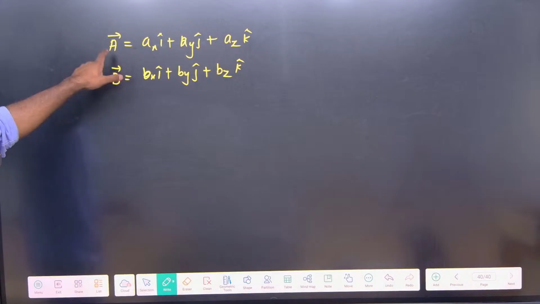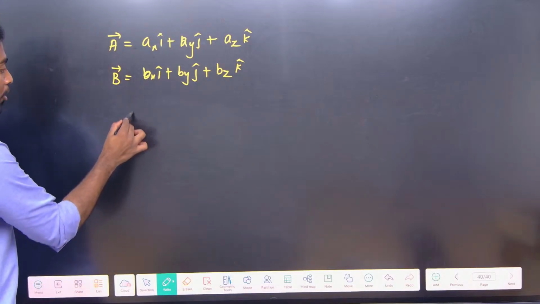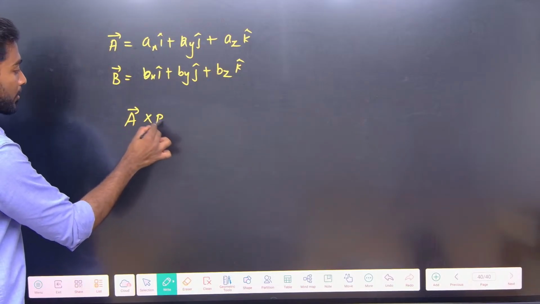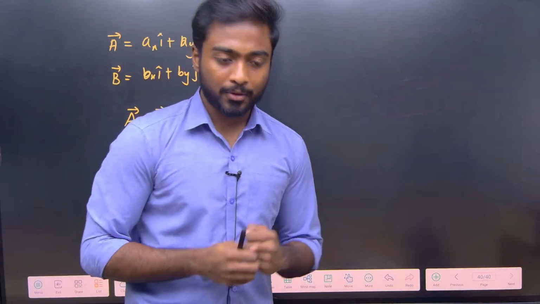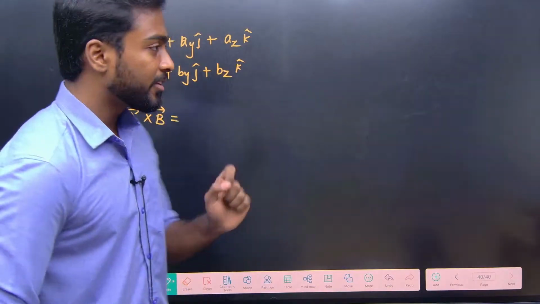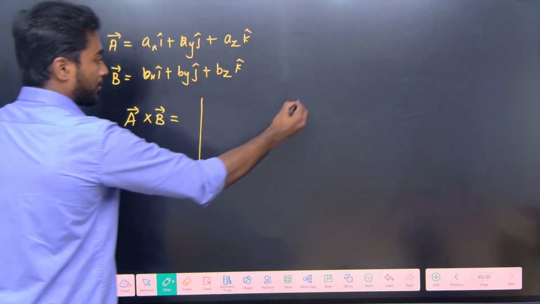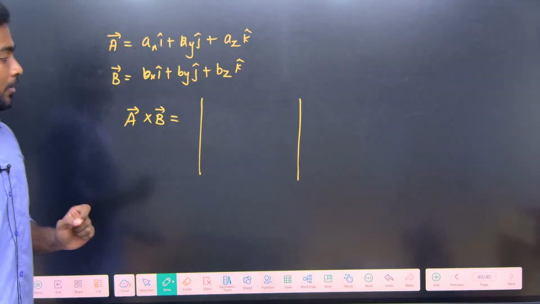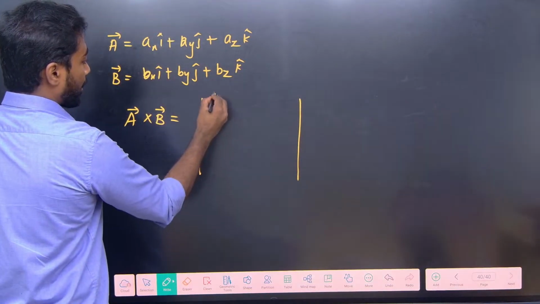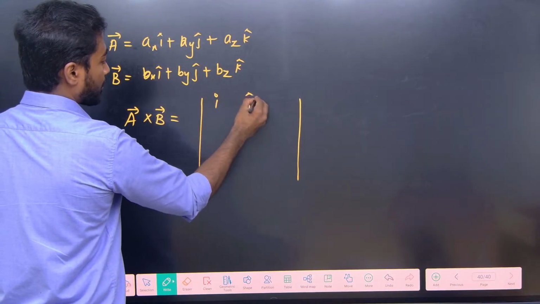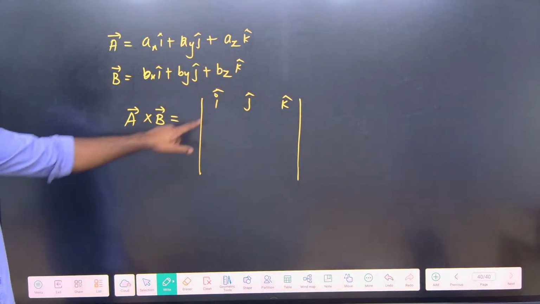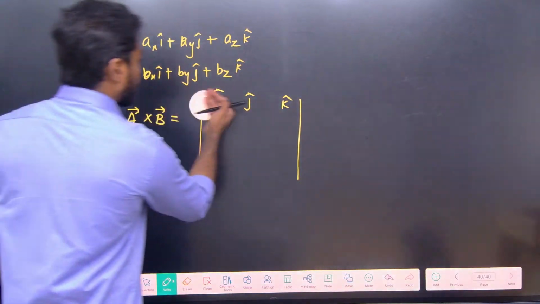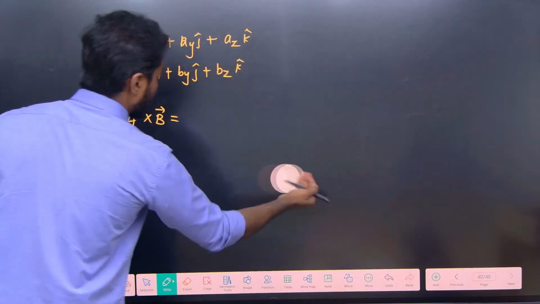Now I need to multiply these two vectors using a cross product, A cross B. So what will I get for this kind of question? It's easy. Take a determinant and write i cap, j cap and k cap.